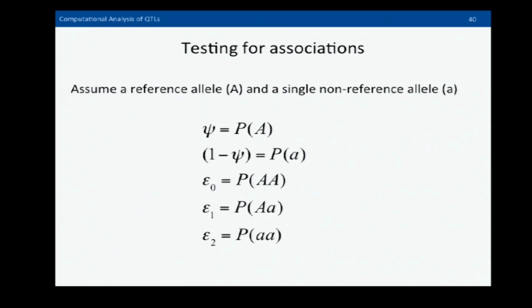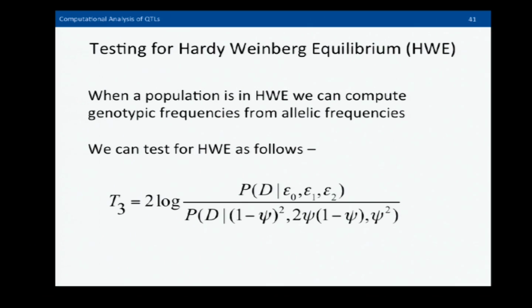So what we can do is this test. We can do a log likelihood test directly, right? And we can compare the probability of the observed genotypes, E0, E1, and E2, where the number indicates the number of reference copies, over the probability of the genotypes being composed directly from the frequency of the reference allele.